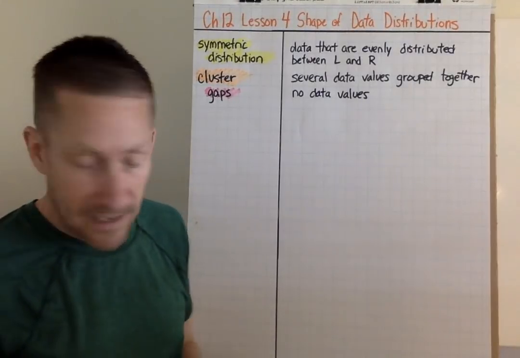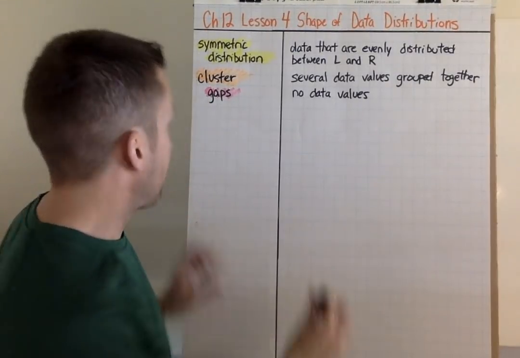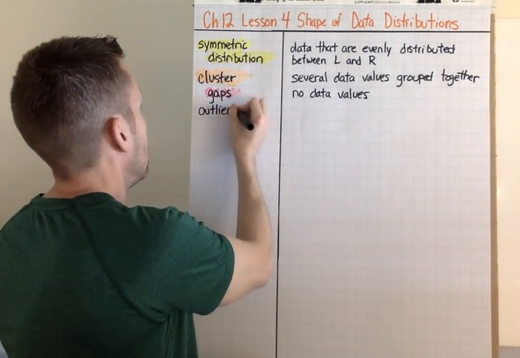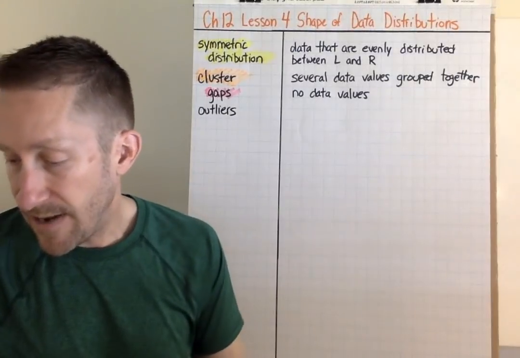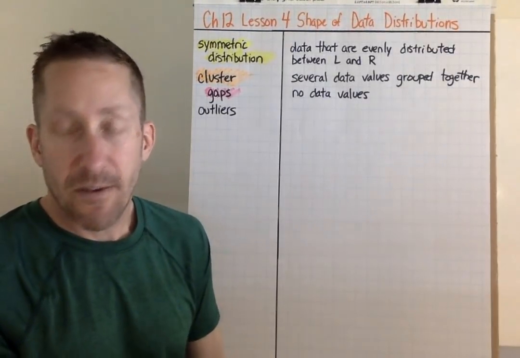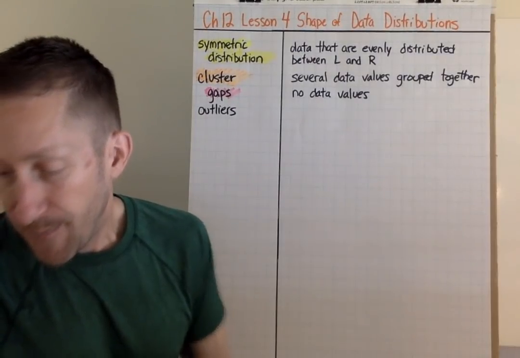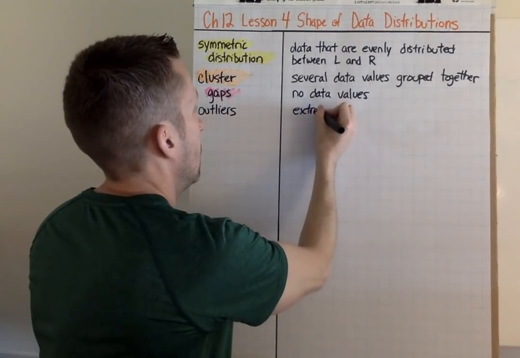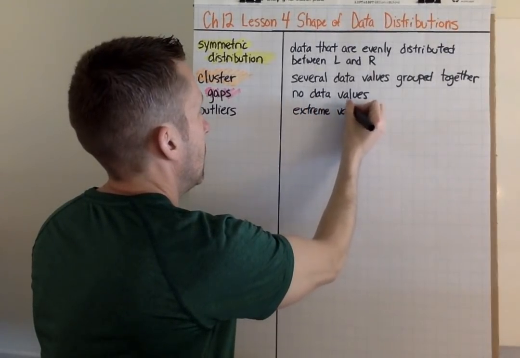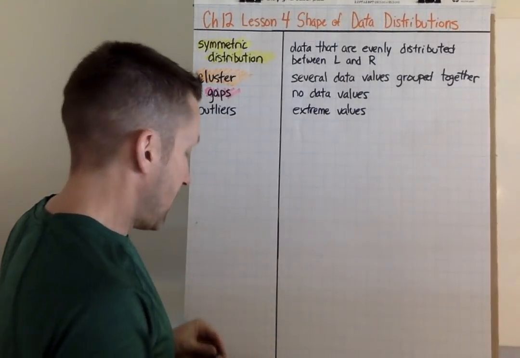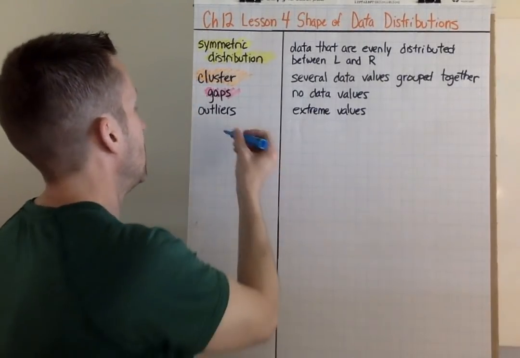The last thing, we've talked about this one before, is outliers. And outliers, again, are extreme values. They're way off to one side. We'll make that one blue.